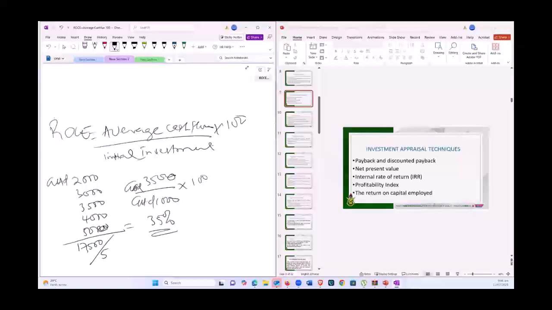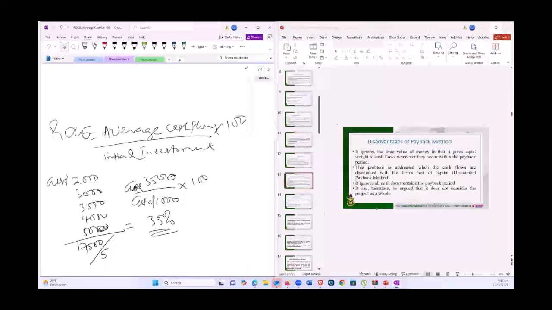So the one that is recommended is what? The net present value method, because it is consistent with the shareholder wealth maximization objective.